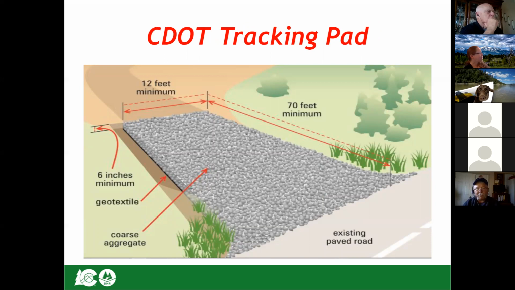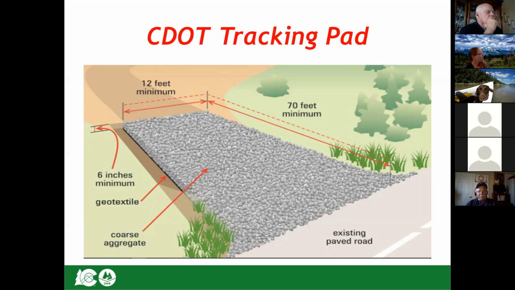So again, this is out of the CDOT manual. This is what CDOT says is a good tracking pad. It has the geotextile underneath it to keep it from being pushed down in the mud and keep it functional.